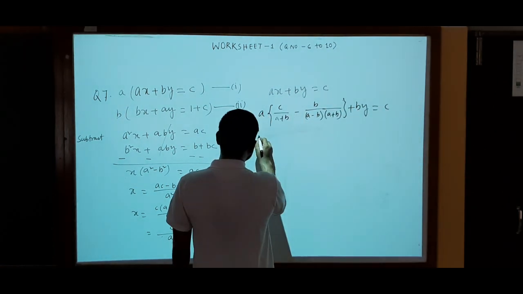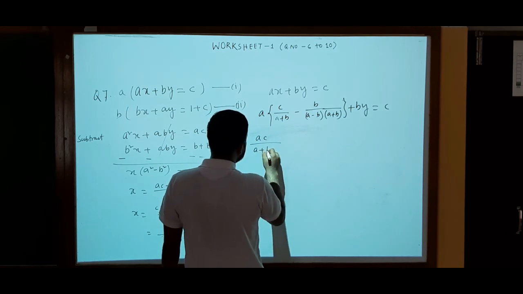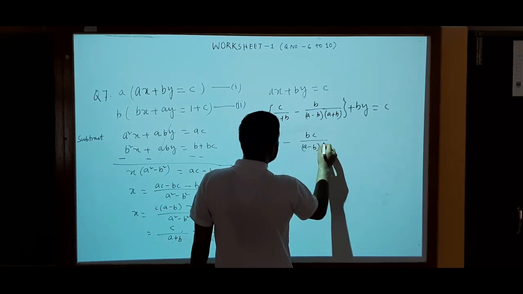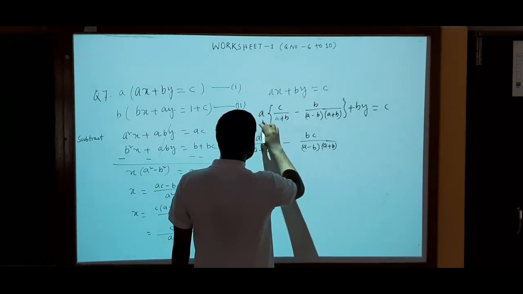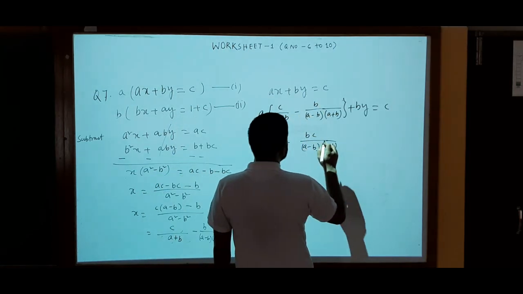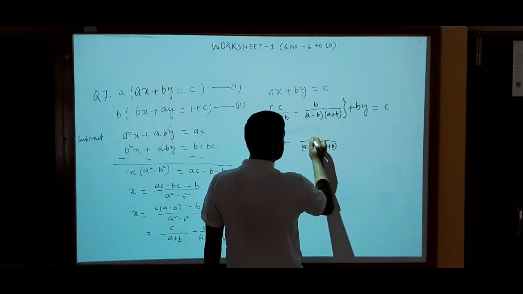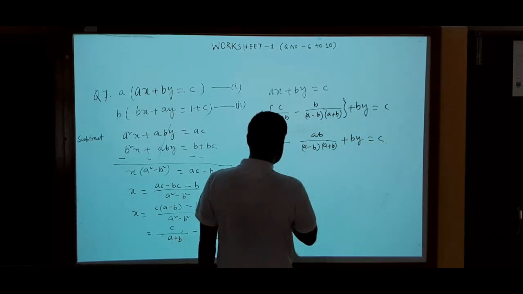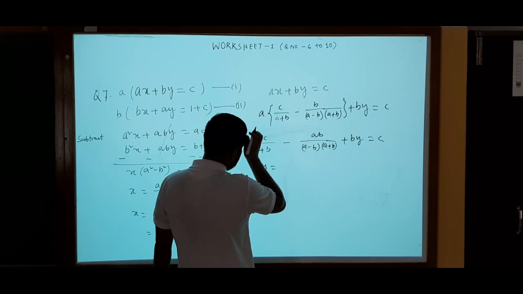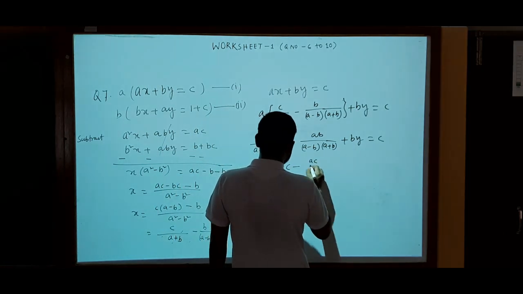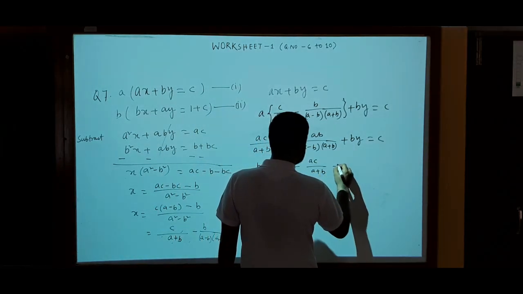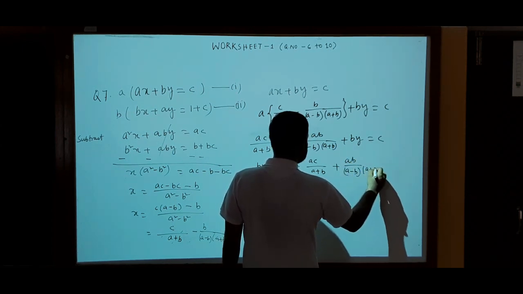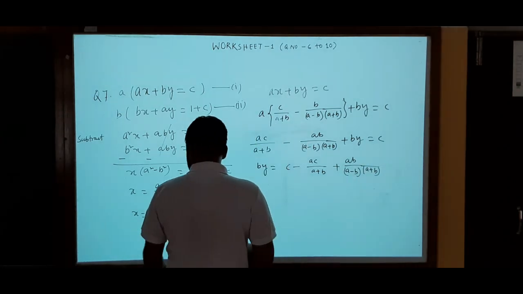Now multiply: ac upon a plus b minus bc upon a minus b into a plus b. How? I just multiply a into c, ac, and a into b, ab, plus by equal to c. So by equal to, I'll write c minus ac upon a plus b minus, will become plus, ab upon a minus b into a plus b. Correct?